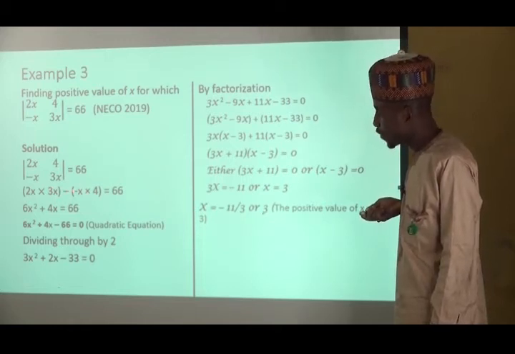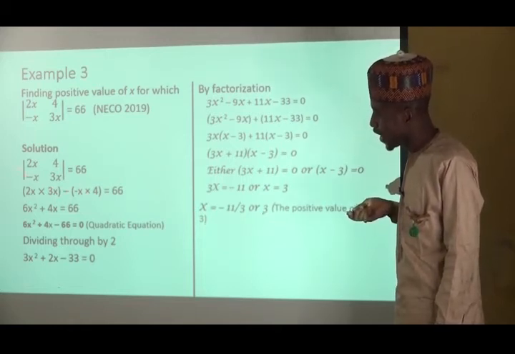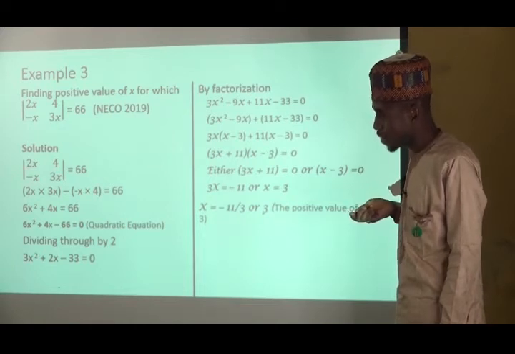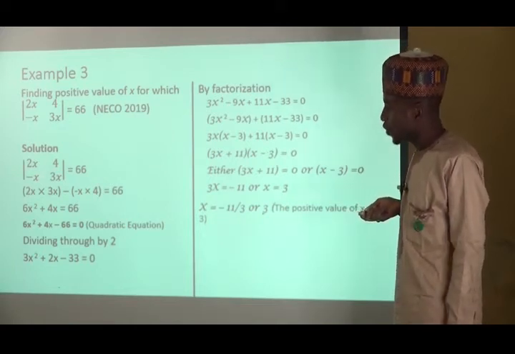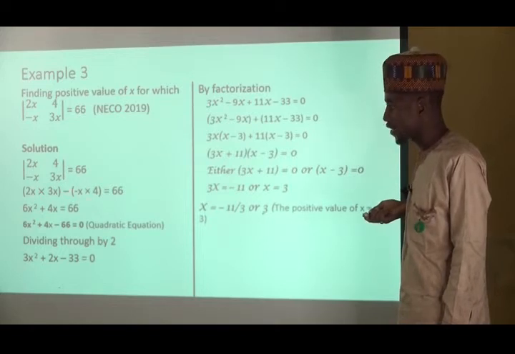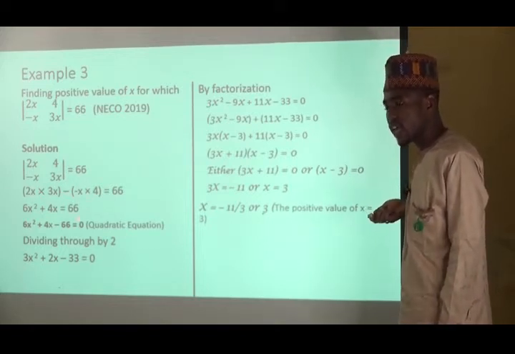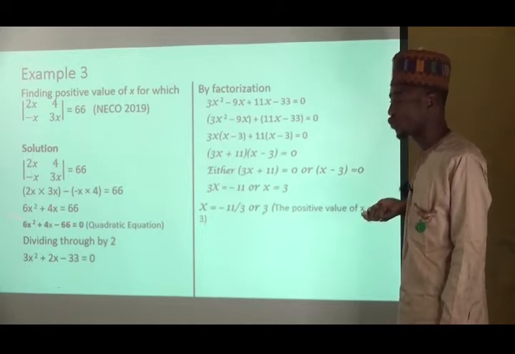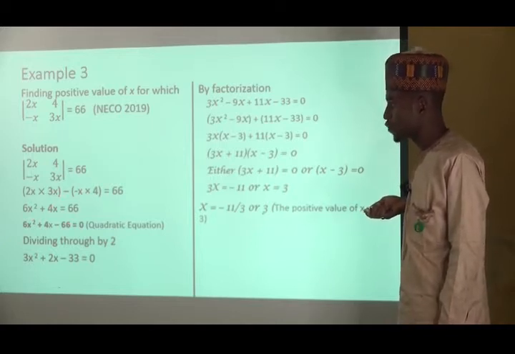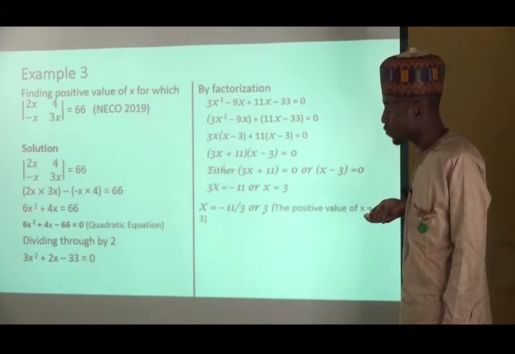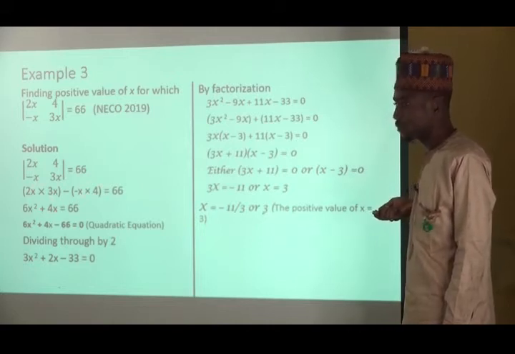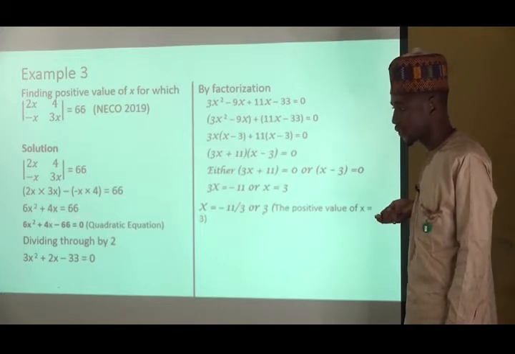Then this minus x is for the elements in this determinant. Here 2x times 3x, when you multiply 2 times 3, you have 6. x times x, you have x raised to a power of 2. Then minus times minus is plus. Here you have plus. Then 4 times x, you have 4x, and this equals 66.